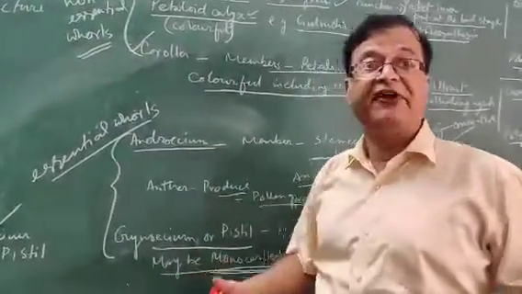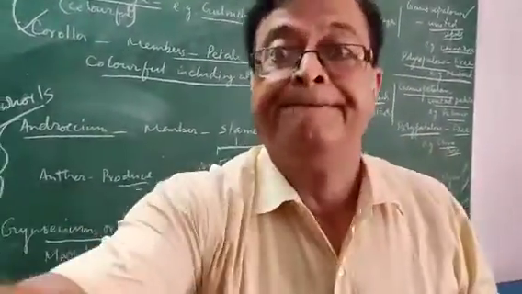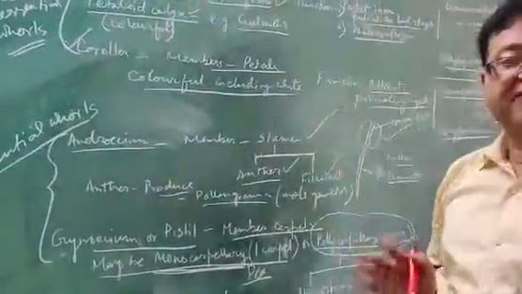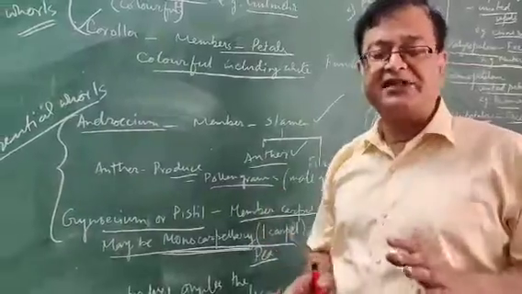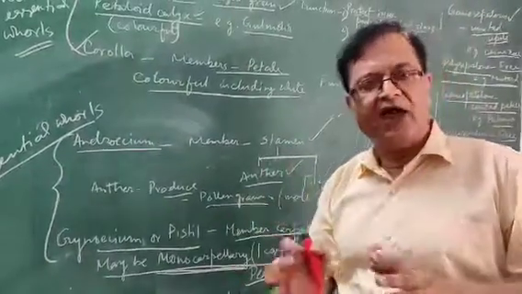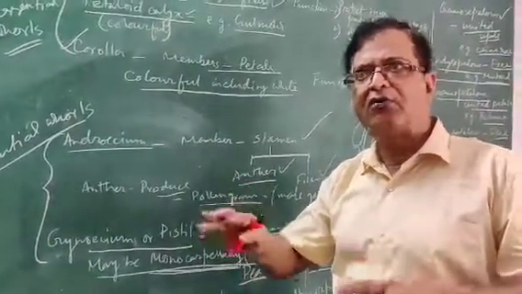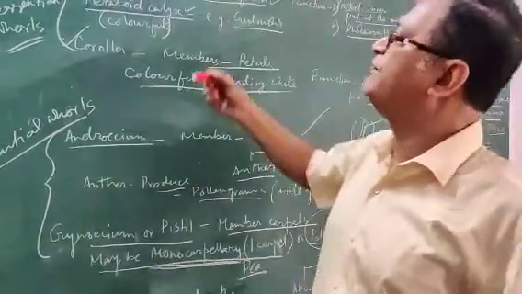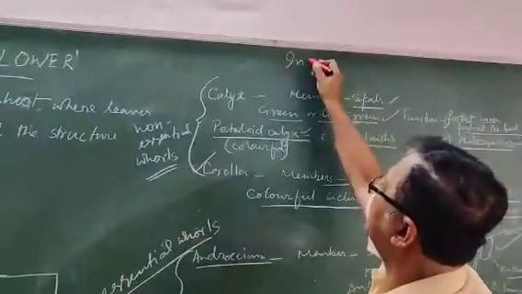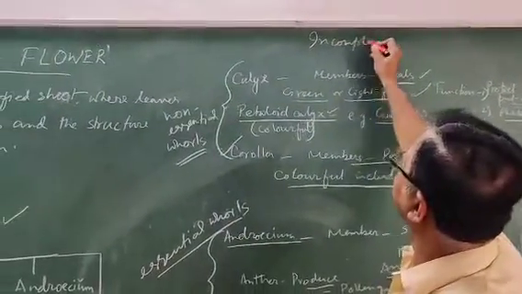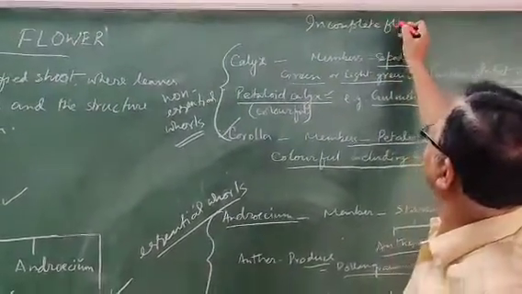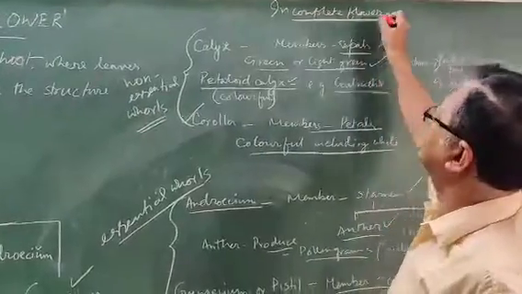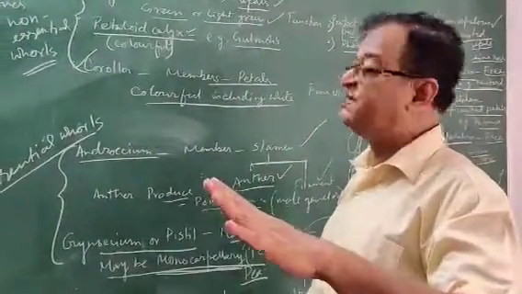A number of other variations are also there. Sometimes it is found that in some flowers, one or more parts are missing. In that case, we call it an incomplete flower, if one or more parts are missing.